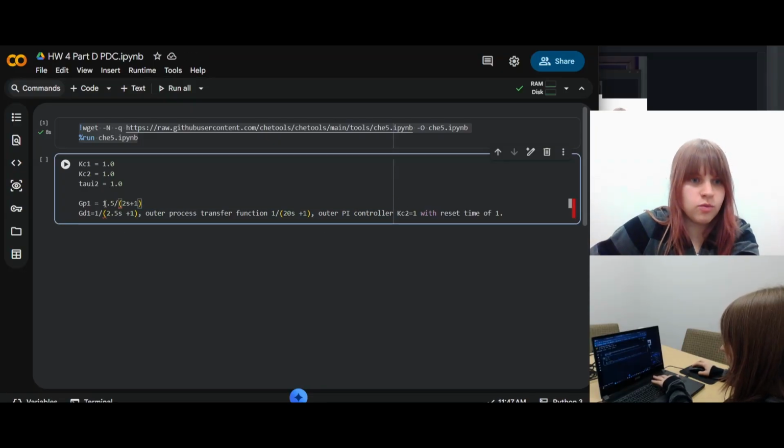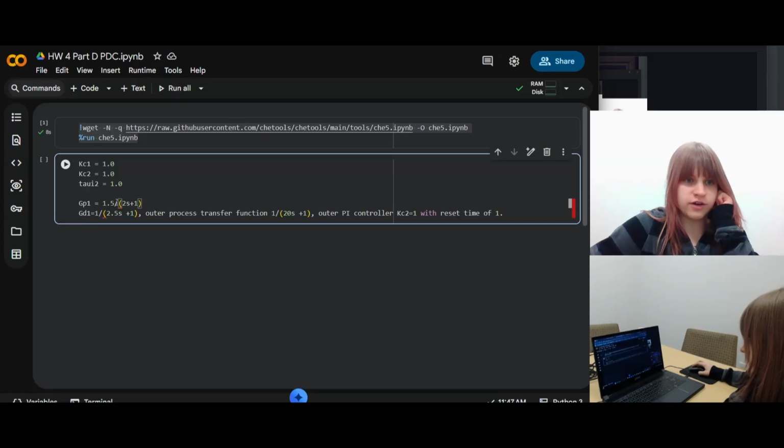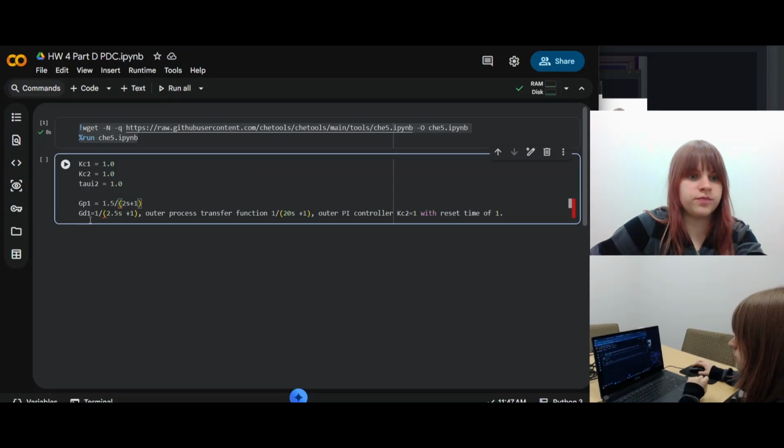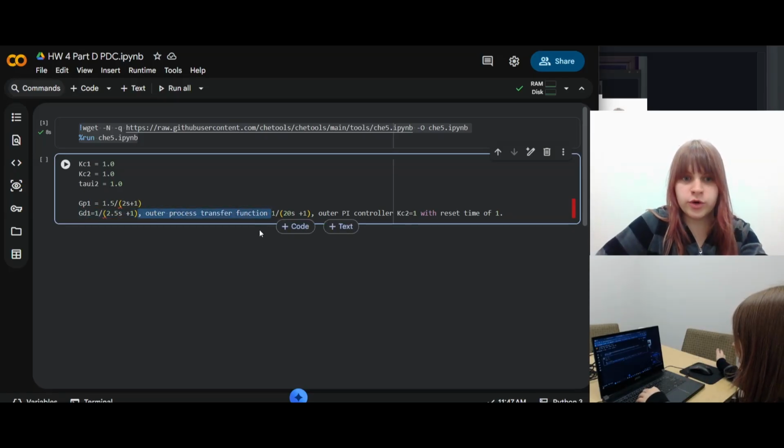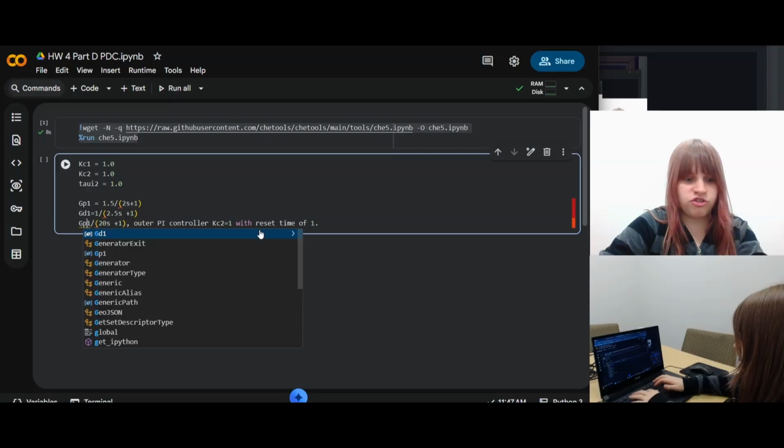We have GP1 is equal to 1.5 divided by 2s plus 1, and our GD1 is equal to 1 divided by 2.5s plus 1. Our outer process transfer function is 1 divided by 20s plus 1. That's GP2.